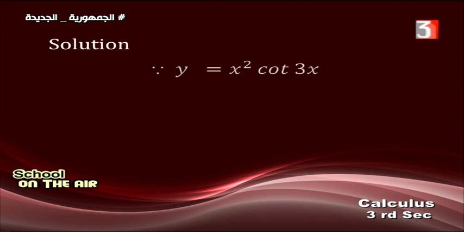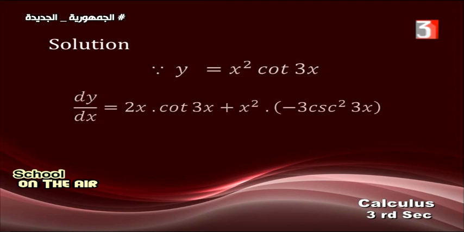Now we have derivative of product of two functions. Then dy dx equals the derivative of the first function, the derivative of x power 2, which is 2x, multiply the second function cotan 3x plus the first function x to the power 2 multiply the derivative of the second function, the derivative of cotan 3x, which equals negative 3 cosec power 2 3x.